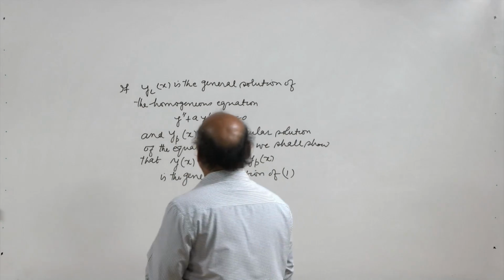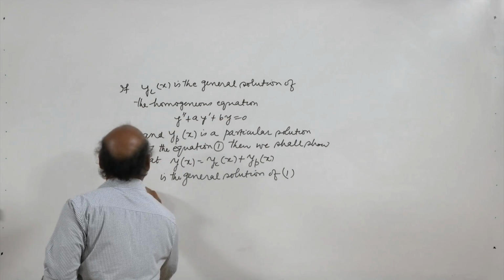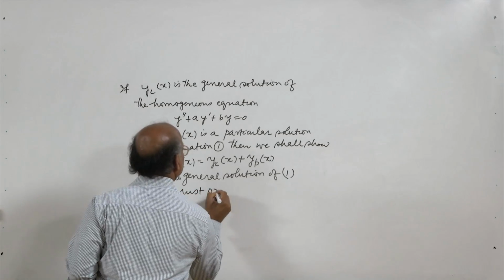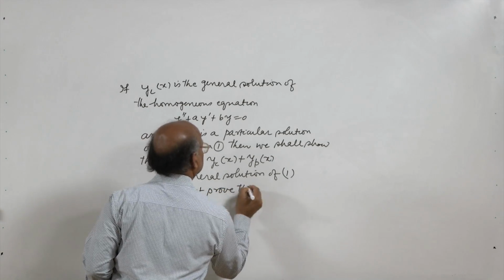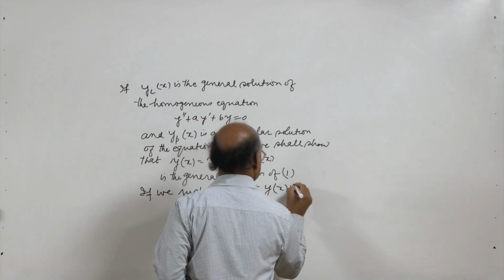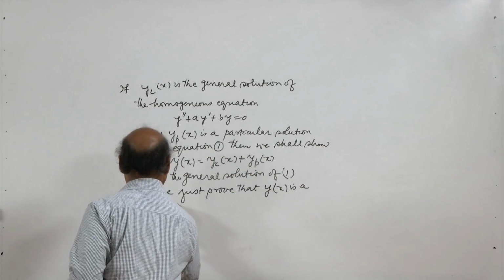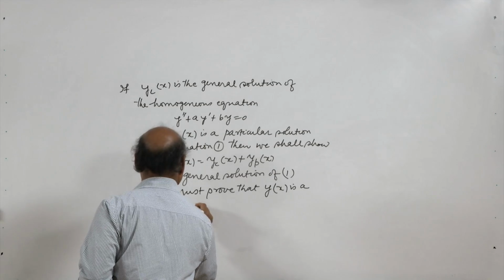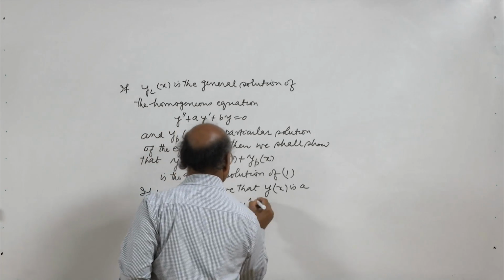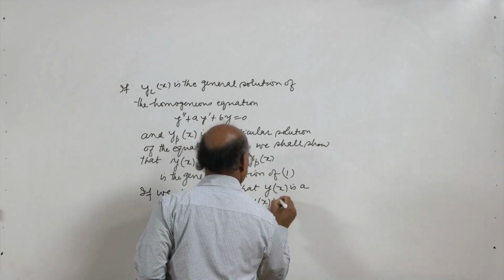So if we just prove that y(x) is a solution of equation 1, then y(x) will be the general solution of 1.